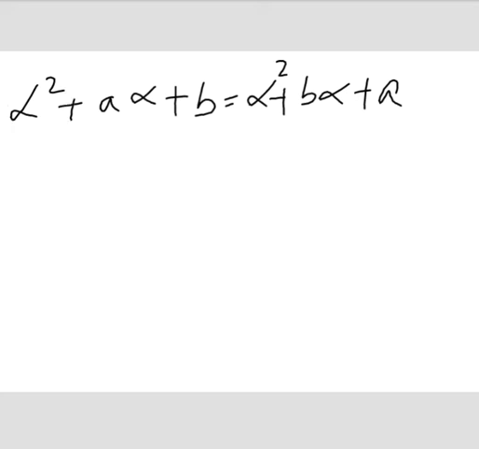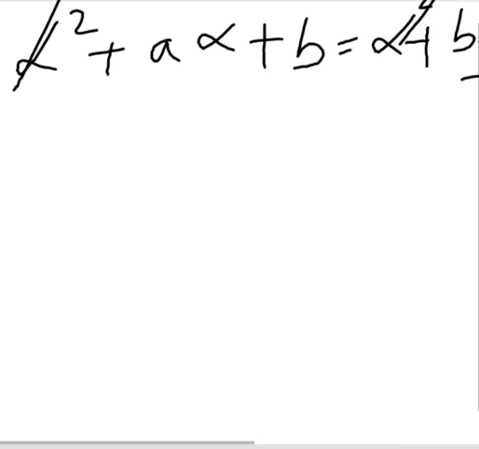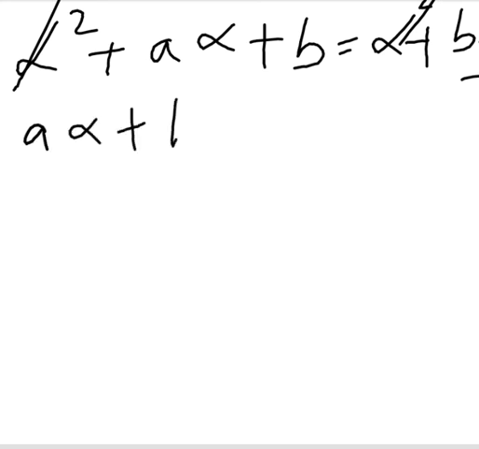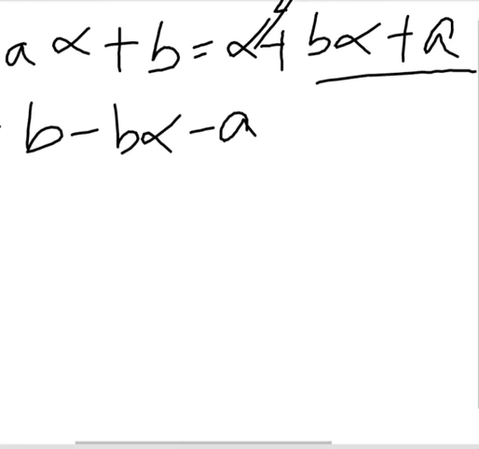So instead of moving, I'm directly scratching it here because we have to make it a little bit short. Now in this equation, I'll bring b alpha plus a also to LHS. There's no problem, right? Then it will become 0 there. Now a alpha plus b minus b alpha minus a will be equal to 0.